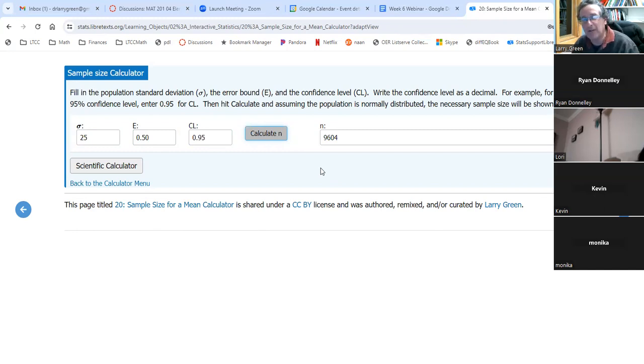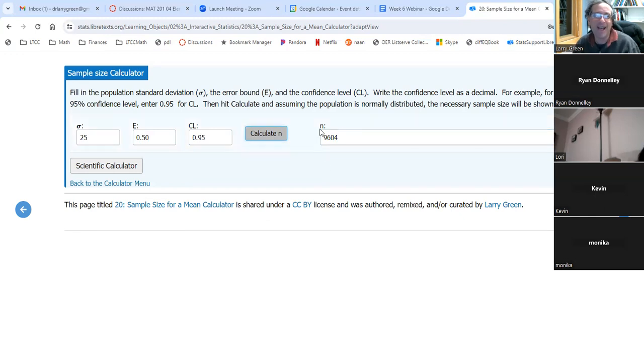Part of the way this calculator works is it rounds up. So if you actually did the algebra calculation, you might get 9,603.1. But if you round down to 9,603, then you're going to be just a little bit too small. And the question is, you want to make sure that you have it no more than that margin of error instead of a little bit more. You see?